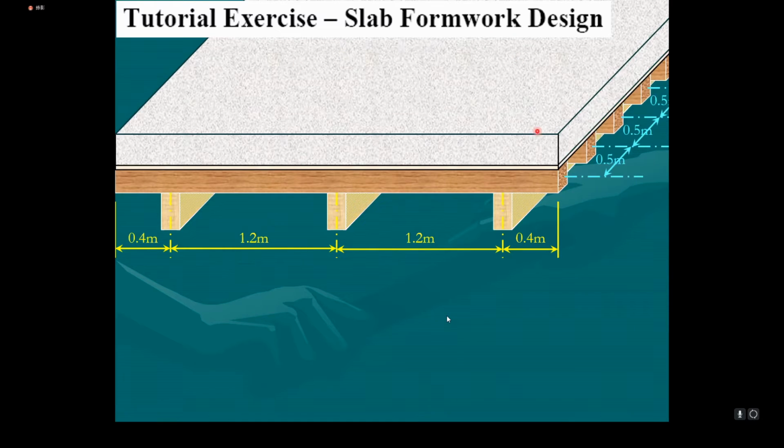But when you refer to this diagram, you can also observe that this timber joist is having 2 cantilevered ends. Okay, and the total length of the beam is 0.4 times 2 plus 1.2 times 2.